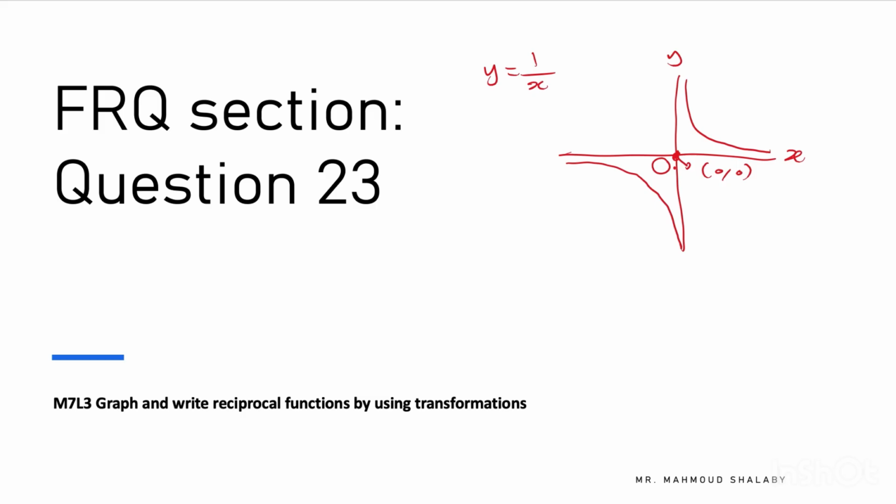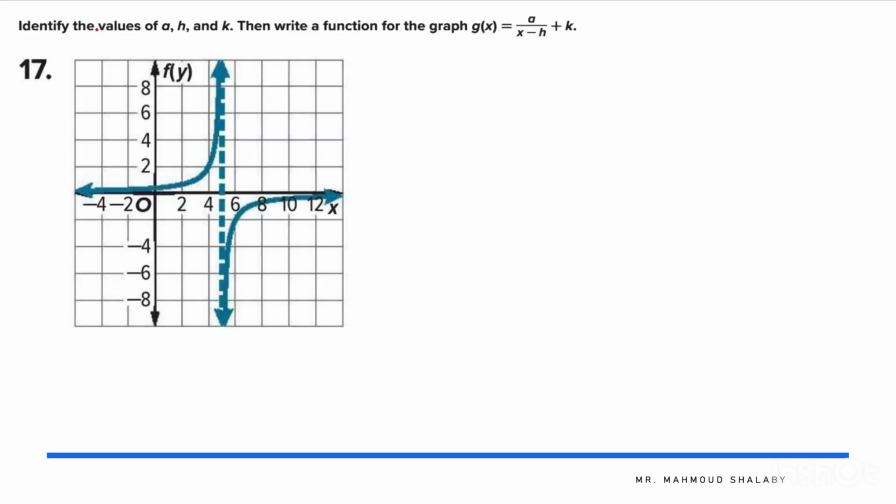Now, identify the value of a, h and k, then write a function for the graph g of x equals a over x minus h plus k. We said this is the general form of the transformed graph.